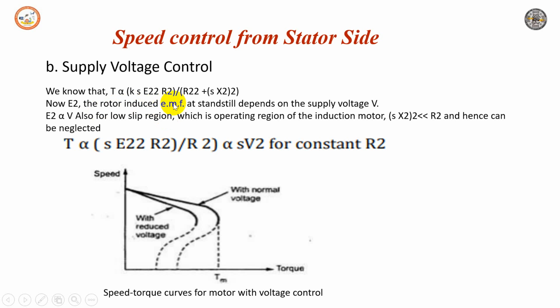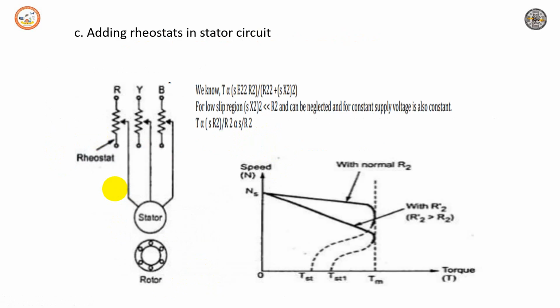Now E2, the rotor EMF at standstill, depends on the supply voltage, so E2 is proportional to V. Also, in the low slip region, SX2 will be very much less than R2, therefore this term is neglected. In that case, torque is proportional to only S into E2 squared. So if you reduce the supply voltage, then the torque is reduced, and therefore speed can be changed. So this is how speed and torque control can be made from the stator side.